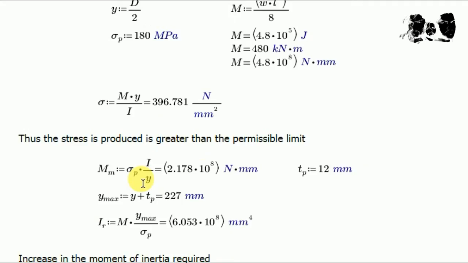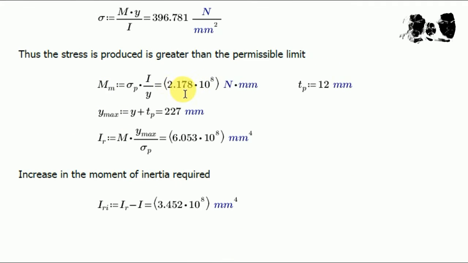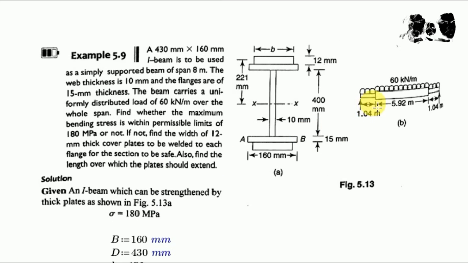Then let x be the distance from the support at which the bending moment reaches the value of maximum bending moment. We already found the maximum bending moment, which is 2.178 into 10 to the power 8. So to find how much length we can provide by these plates on top and bottom of the beam, we need to find the maximum bending moment generated in this beam, and how much length it is considered from any support, either this side or this side.